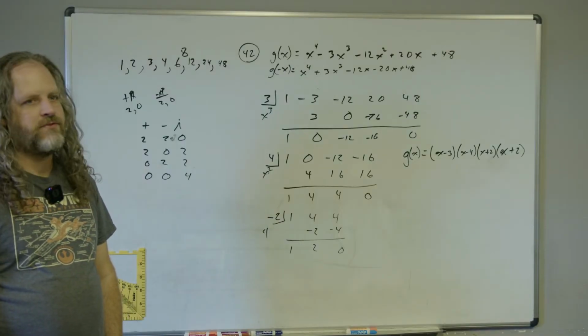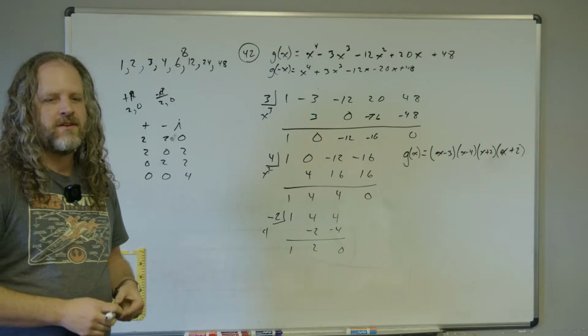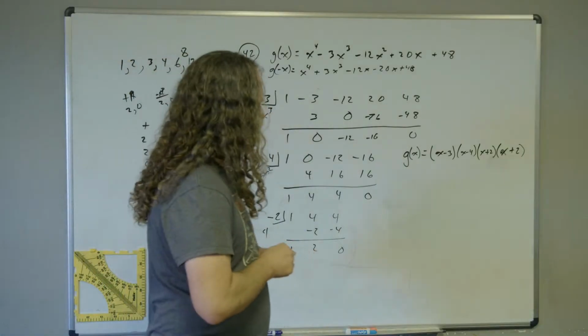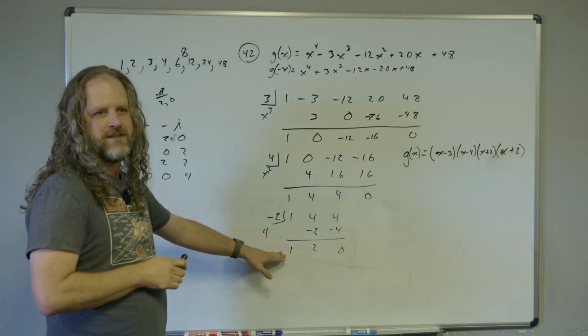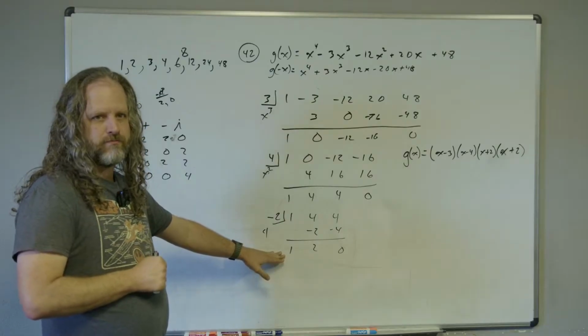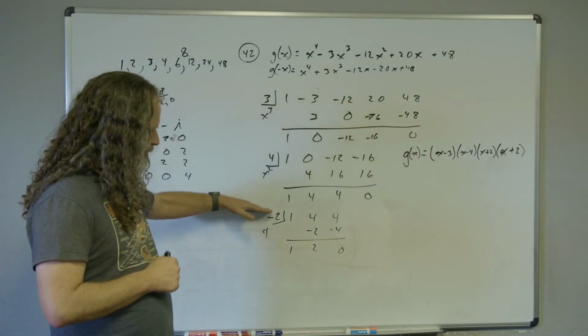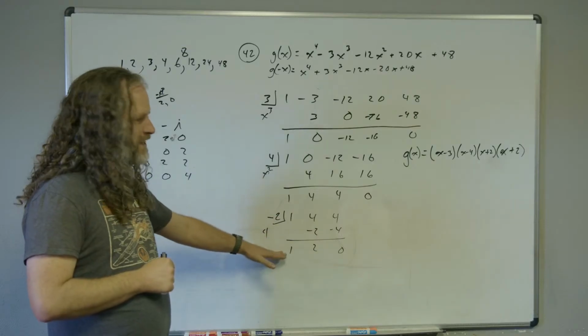How can we have two x plus 2s? Look at the graph. One of them is this one, and the other one is this one.